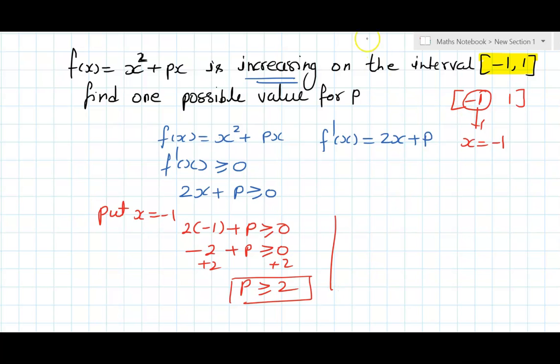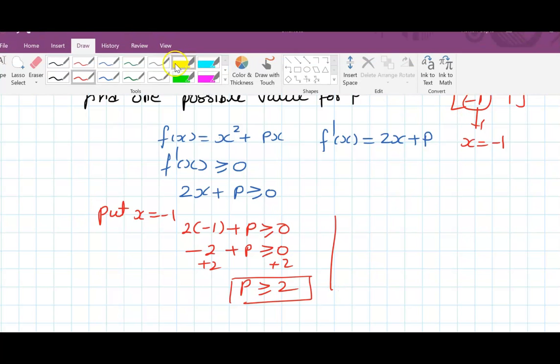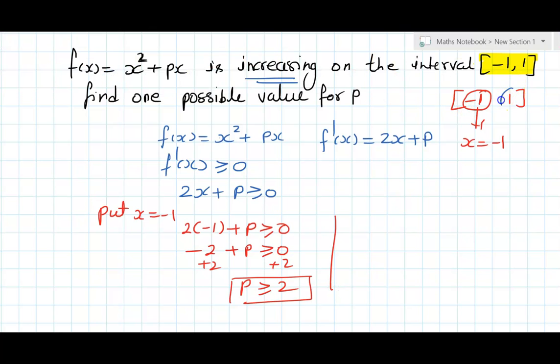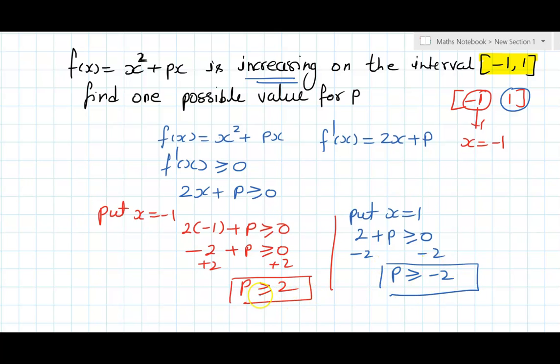Okay. Now if we take another value of x, put x equal to 1, so it will be 2 plus p greater than or equal to 0, and -2 on both sides, so p is greater than or equal to -2. Okay, so p is greater than -2 and p is greater than 2.